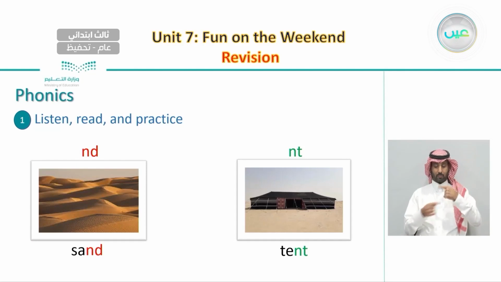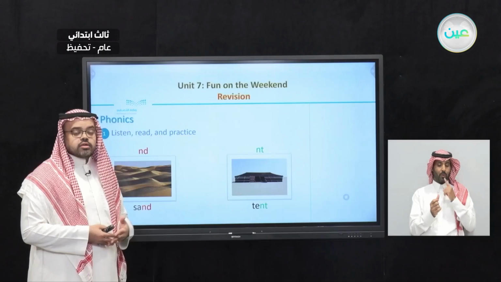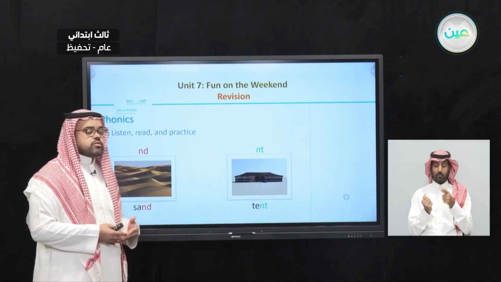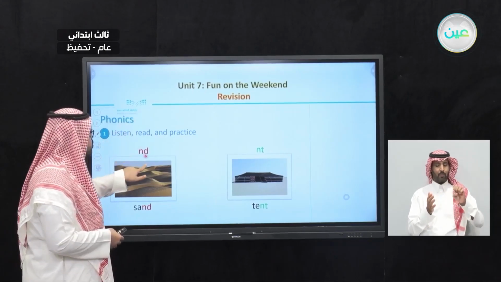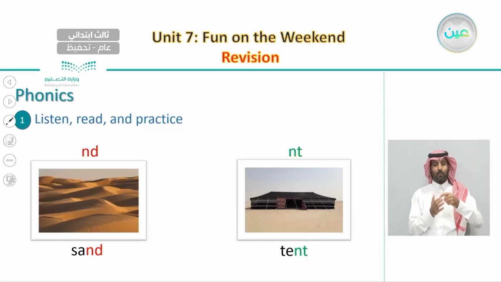So quick revision on our last lesson. In our last lesson, we did learn and listen about words that have these two letters. We did the practice and listened to words that have the ND sound and also the NT sound.